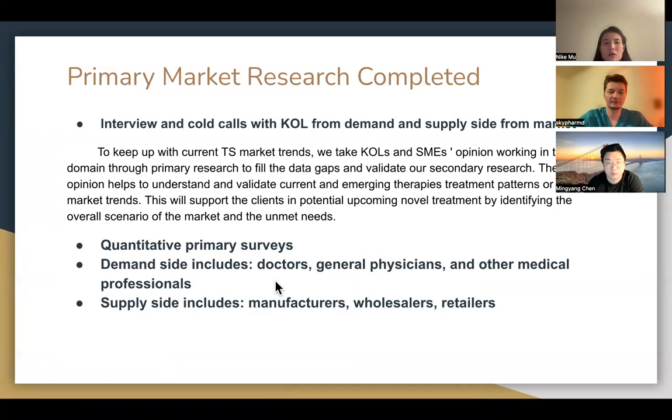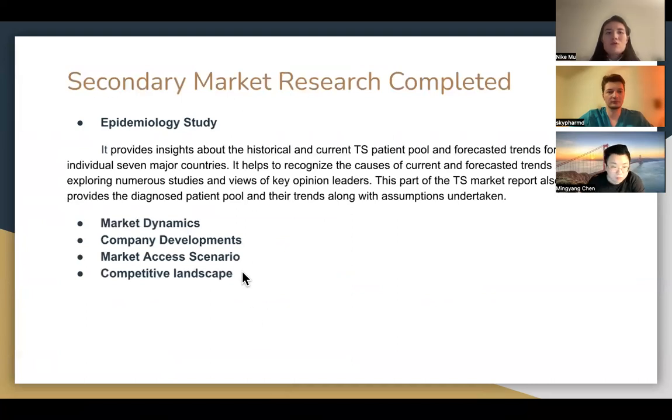In the primary market research, the demand side includes doctors, general physicians, and other medical professionals. The supply side includes manufacturers, wholesalers, and retailers. For the secondary market research, the epidemiology study provides insights about the historical and current TS patient pool and forecast trends for the 7 major countries, and it may show the competitive landscape.